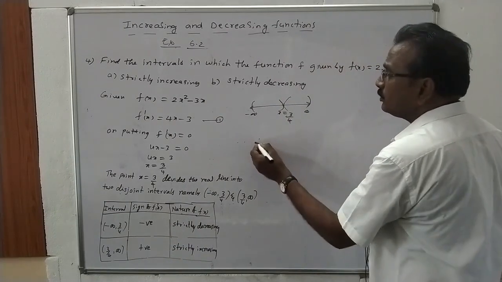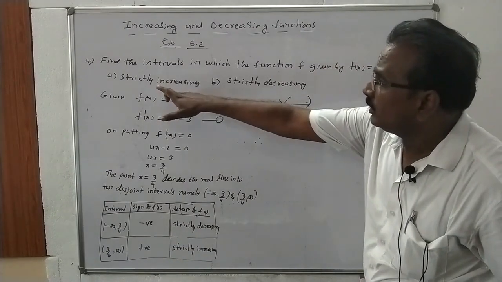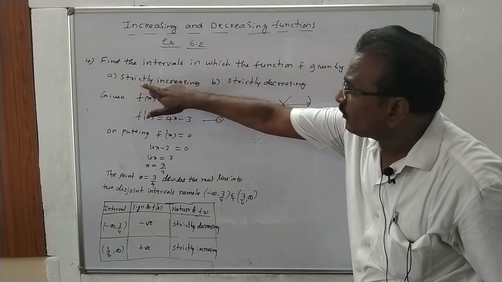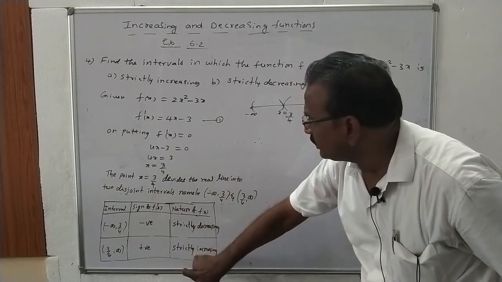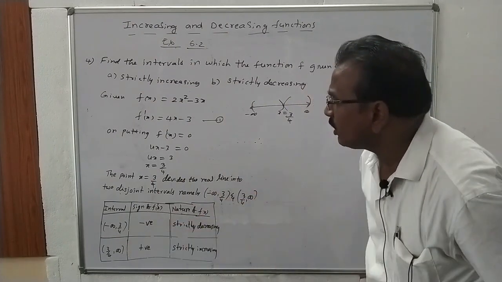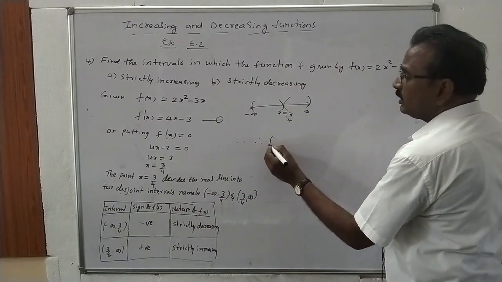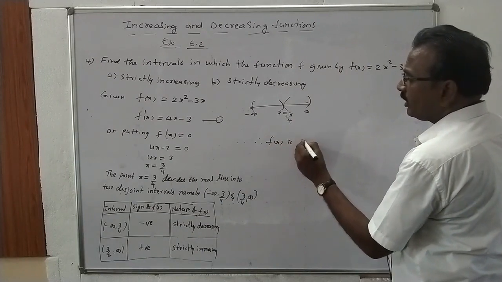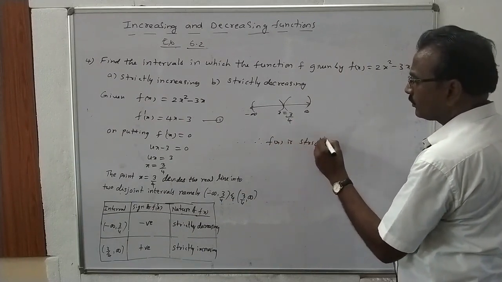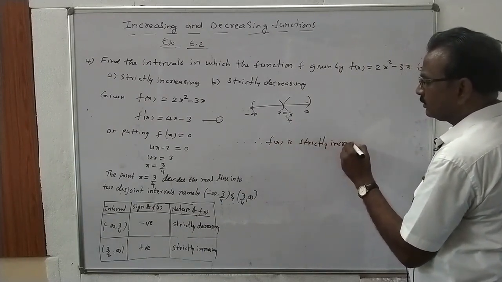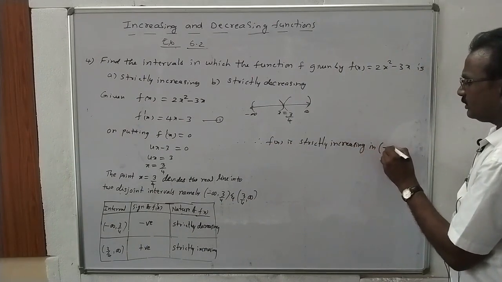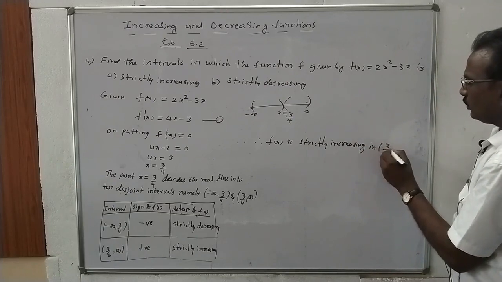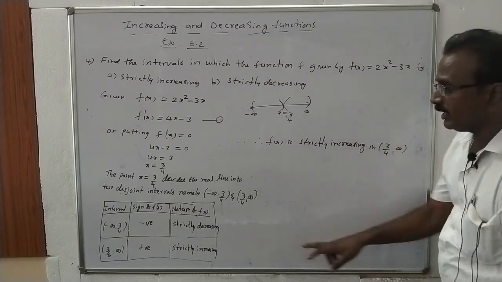So therefore the conclusion is, for the first question, for what values f of x is strictly increasing: in the open interval 3 by 4 comma infinity, f of x is strictly increasing.